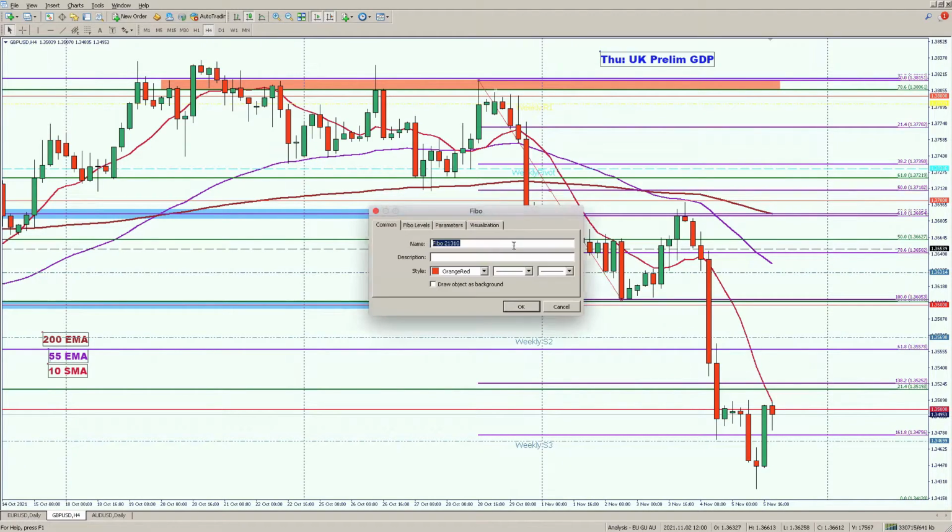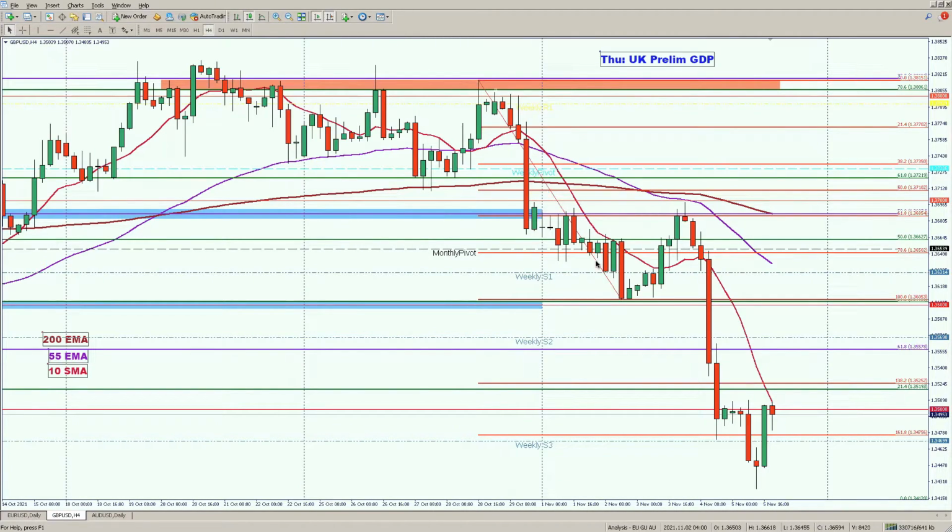Okay, and it fell right to the 162 fib extension that's at 134.75. It dipped slightly lower, trying to hit the weekly S3 at 134.70.